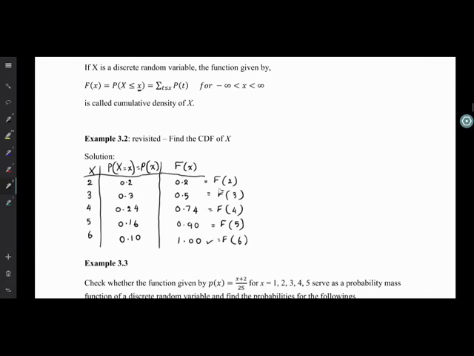Okay, if you represent this graphically, similar to the PMF, here's our x, here's capital Fx, it can go up to 1, and 2, 3, 4, 5, and 6. Everything below 2, it is 0.